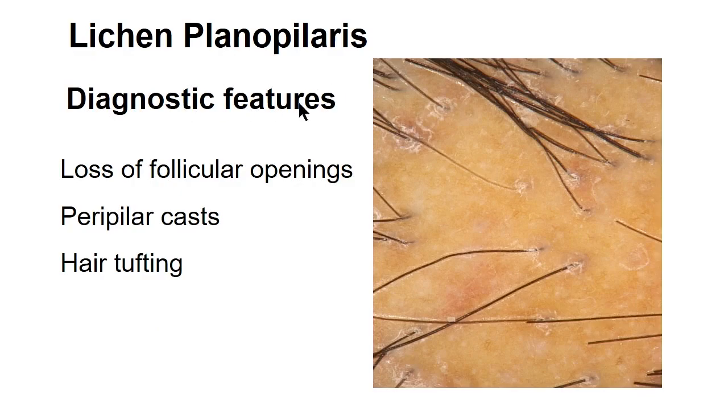And here you see loss of follicular openings, and you see the inflammatory changes, which are these peripilar casts. Another very important feature of lichen planopilaris is hair tufting, meaning that you have 2 or 3 shafts coming together surrounded by a peripilar cast.